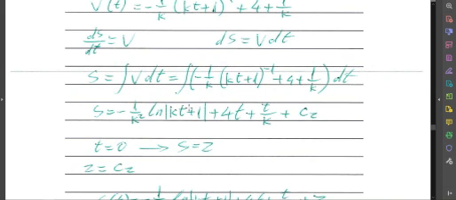Natural log of 1 is 0. Log of 1, or any base log of 1, is 0. e to the power of what is 1? 3 to the power of what is 1? 3 to the power of 0. So this one is going to be 0.